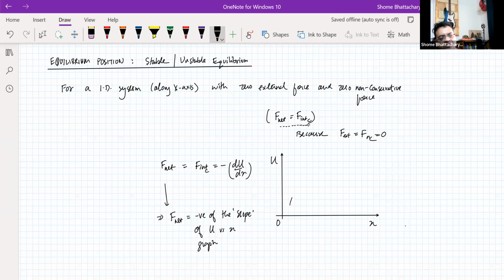So for example, if the graph is like this, then at any point, select x1 over here, you can see the slope is positive. So that means the force is negative.